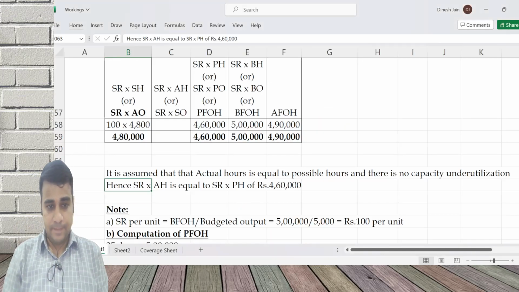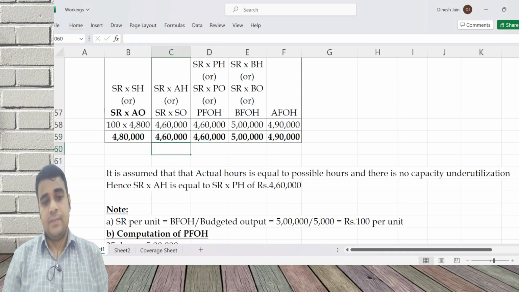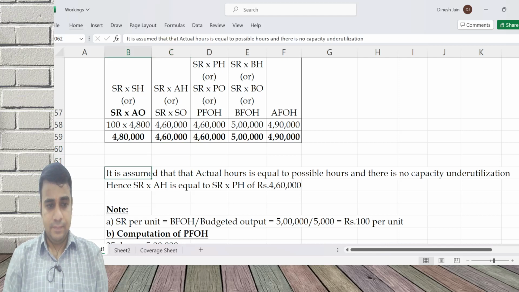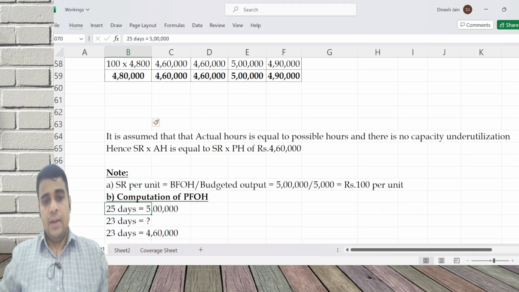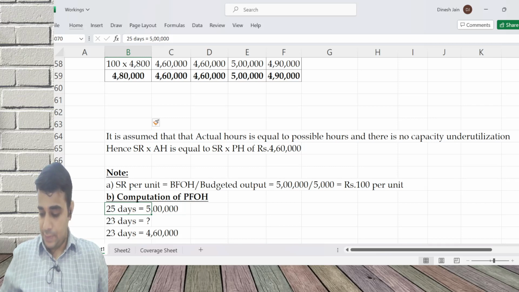Write this note. It is assumed that actual hours is equal to possible hours. There is no capacity underutilization.